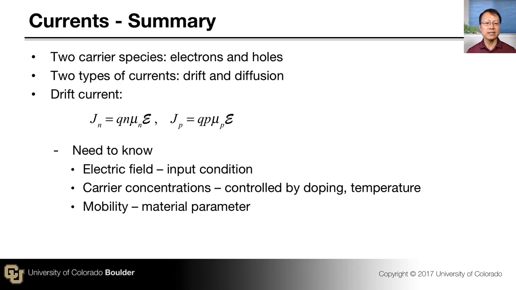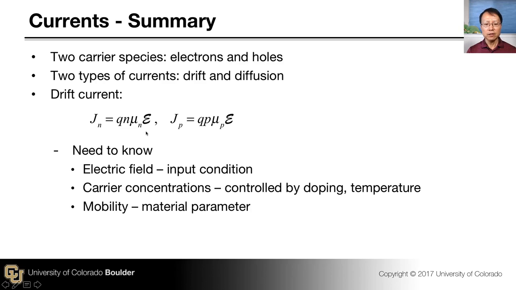So we can summarize now. There are two types of carrier species in semiconductors that can carry current: electrons in the conduction band, holes in the valence band. There are two types of currents: drift and diffusion. Drift current is induced by applied electric field. Diffusion current is induced by non-uniform carrier concentrations.